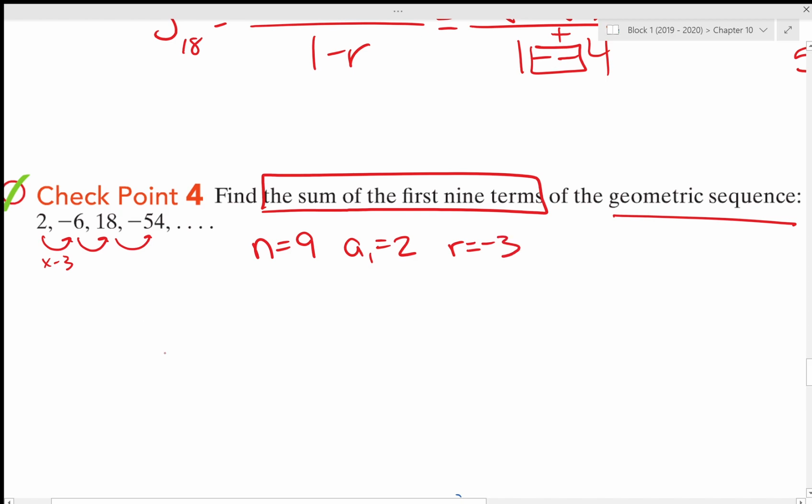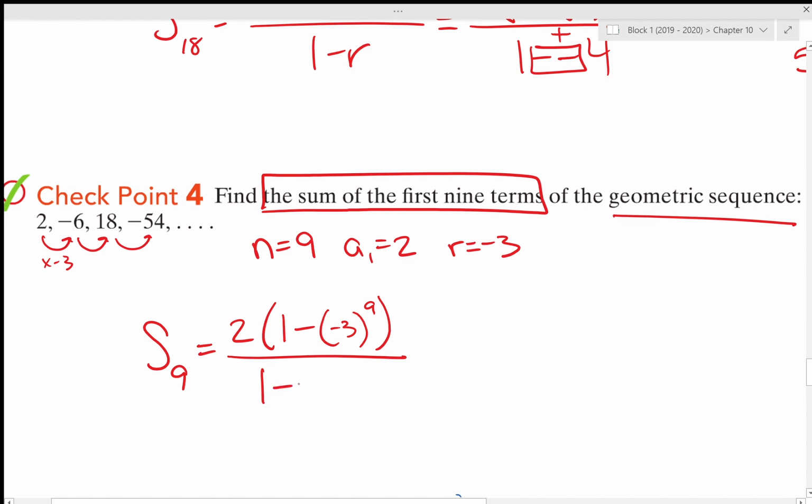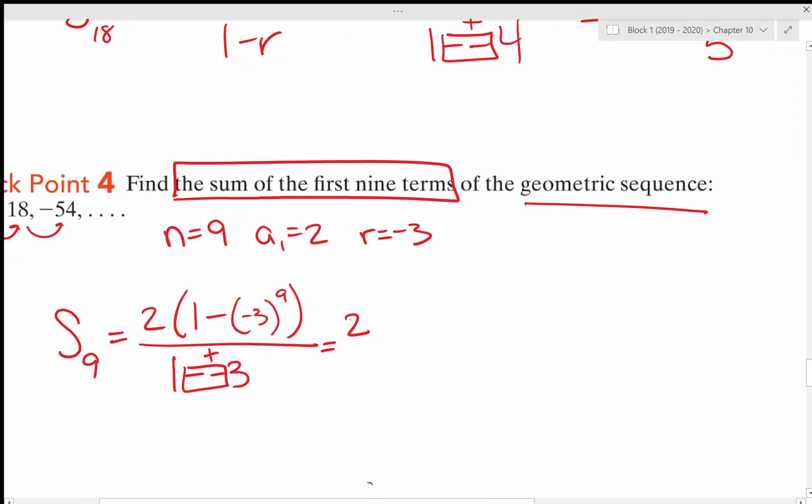So, S of 9 equals my first term, which is 2, times 1 minus negative 3, my r, to the nth power, so to the 9th, divided by 1 minus my r, negative 3. Minus negative is plus. Now when I do this, I'm going to get, for negative 3 to the 9th, and then 1 minus that, I'm going to get 19,684.